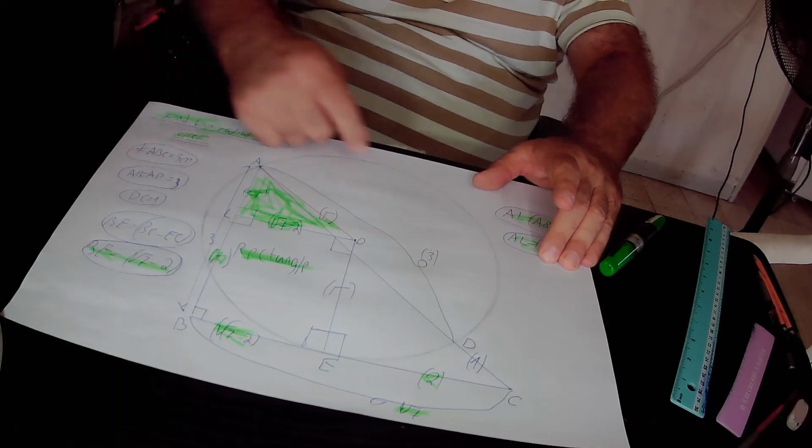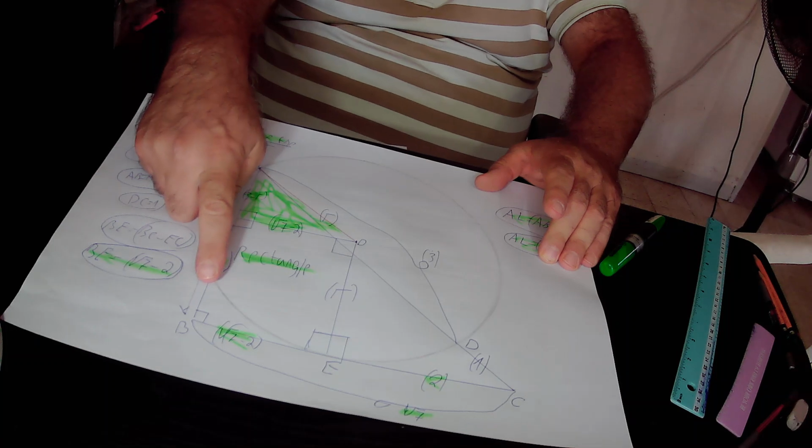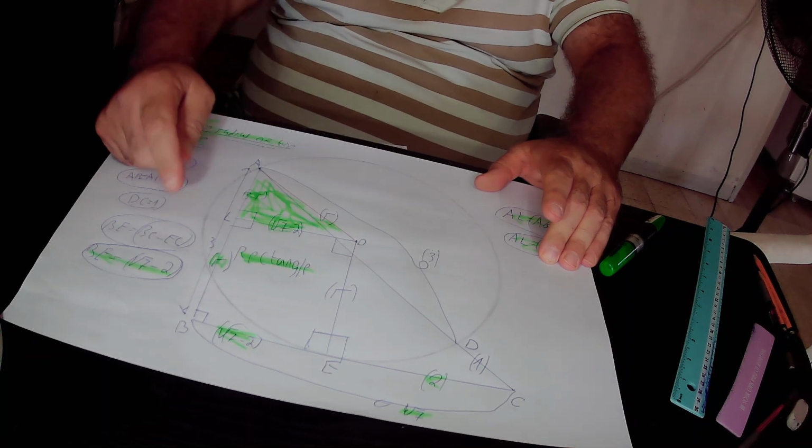In the drawing, we have a circle. This is the right angle ABC. This angle ABC equals 90 degrees in size.